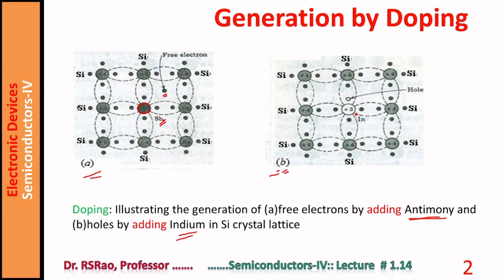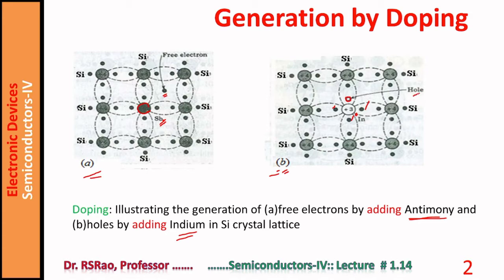Here is shown indium atom surrounded by silicon atoms. Outer orbital 3 electrons of indium occupy 3 vacant positions in the covalent bonds, and one vacant position is left as it is after displacement.